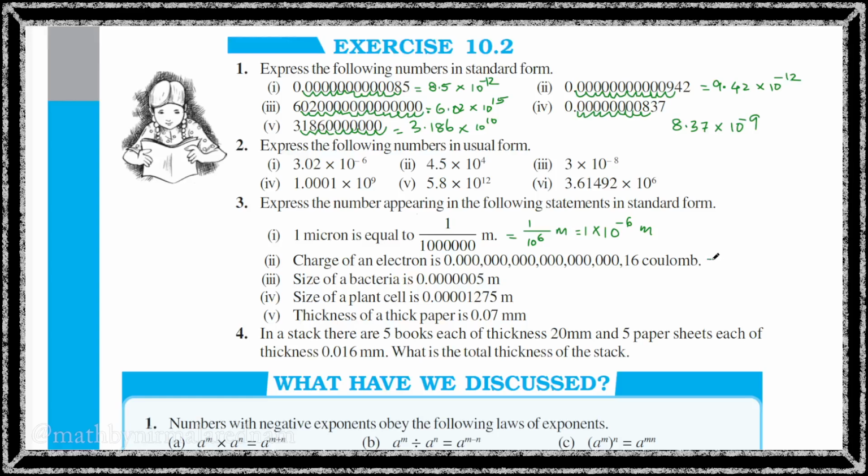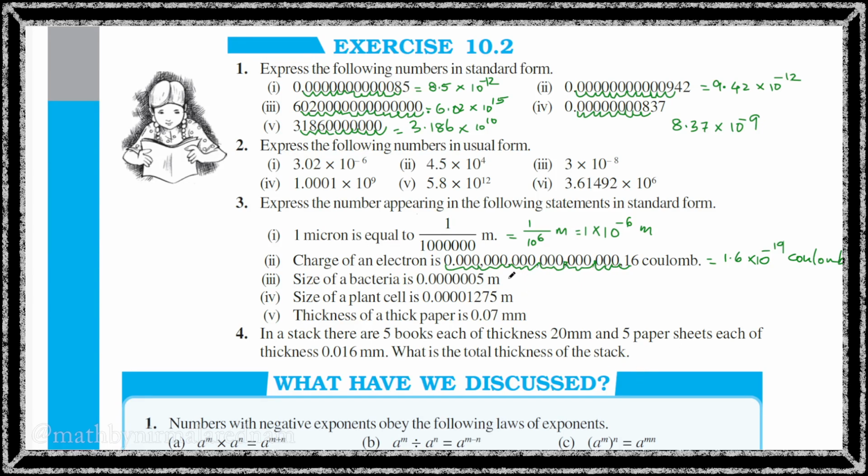Now here I have to write it as 1.6 into something. So let me see how many decimal places to the left. 1, 2, 3, 4, 5, 6, 7, 8, 9, 10, 11, 12, 13, 14, 15, 16, 17, 18, 19. So it is 10 to the power of minus 19 coulombs.